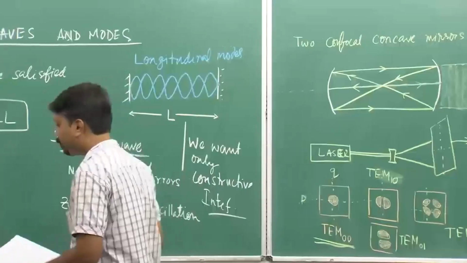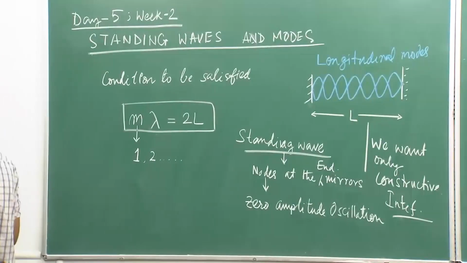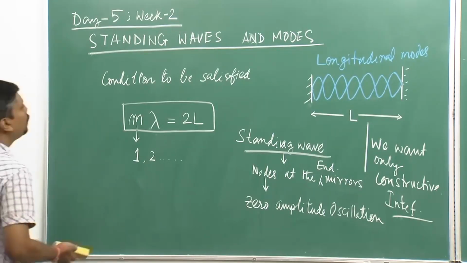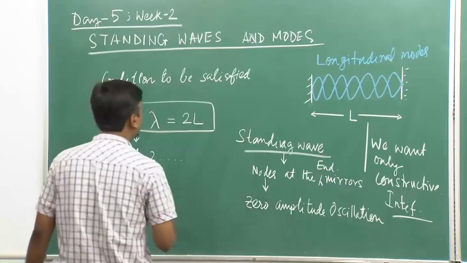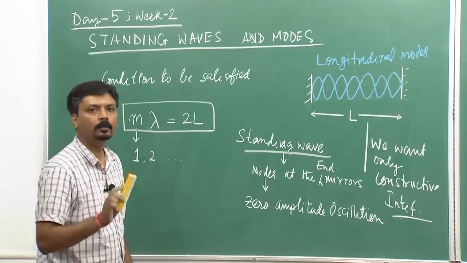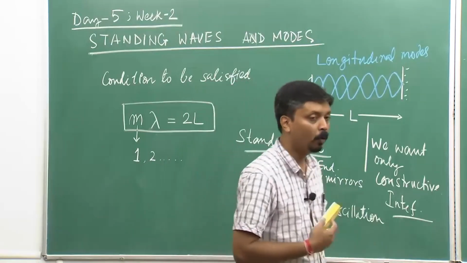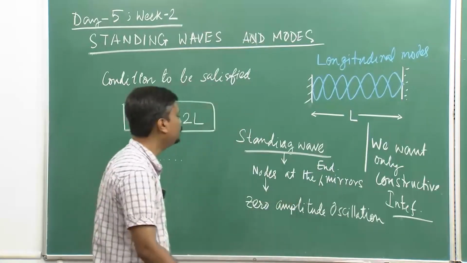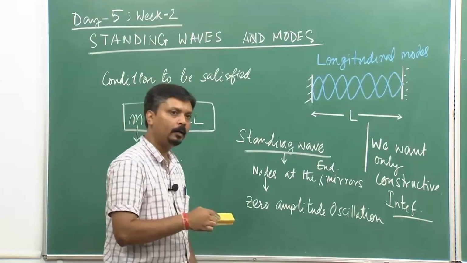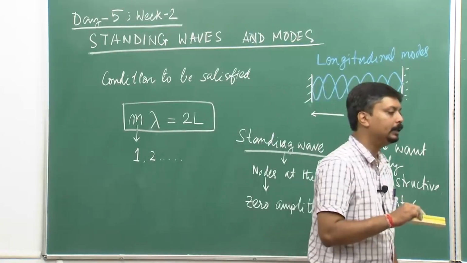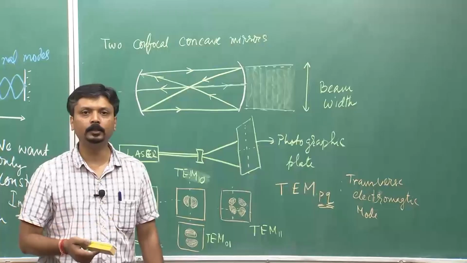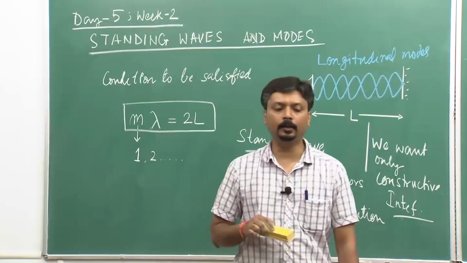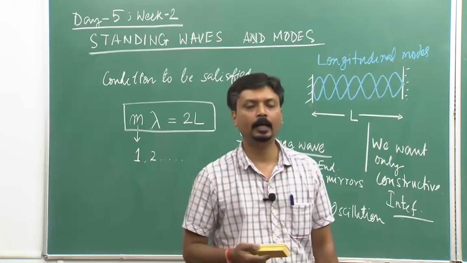Now, with this knowledge that there are longitudinal and transverse modes, which we will use as we progress, let us now go back to where we were discussing certain practical concerns or issues involving construction of a laser, where we talked about the concept of loss and gain.